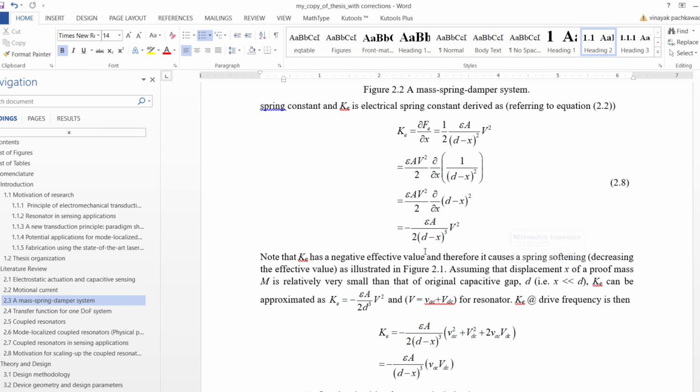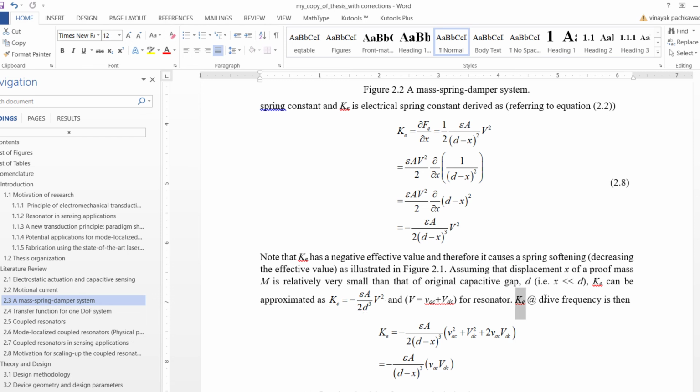And if we assume that the displacement in this expression is much smaller than the original gap d, then the effective value can be equated as Ke equals minus epsilon A over 2 d cube into V square, and V is always a combined electrical load, which is a combination of VAC plus VDC if the structure operates as a vibrating element or a resonator.